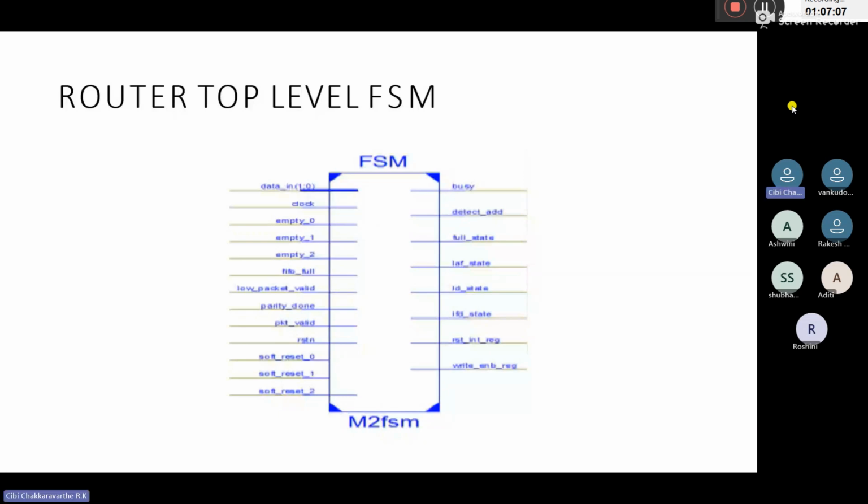Then you can notice one thing here. We have 3 empty signals, for FIFO0, FIFO1, FIFO2, but for FIFO full, we have only one signal. Why? While we are doing a reading operation, at that time we need the information of the FIFO, whether it is full or not.